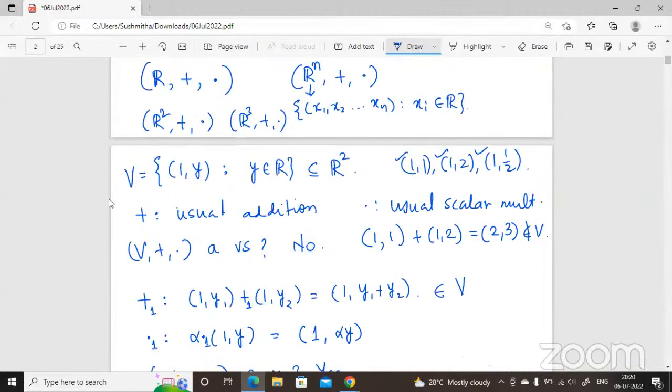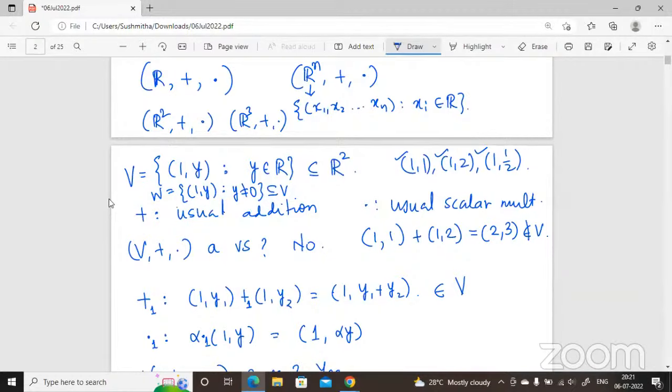Now suppose you take W to be the set of all (1, y) such that y is not equal to 0. W is a subset of V, right? No harm, I'm just removing one of the elements from V.